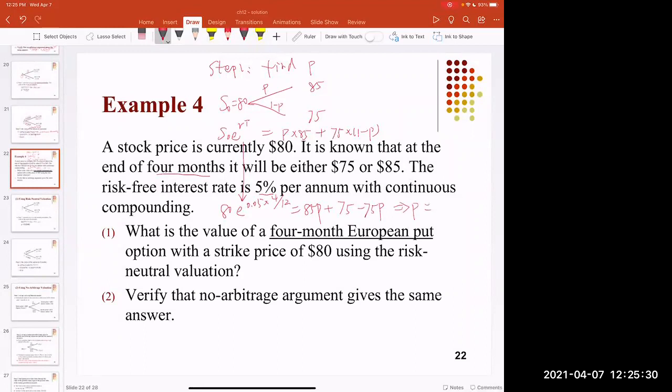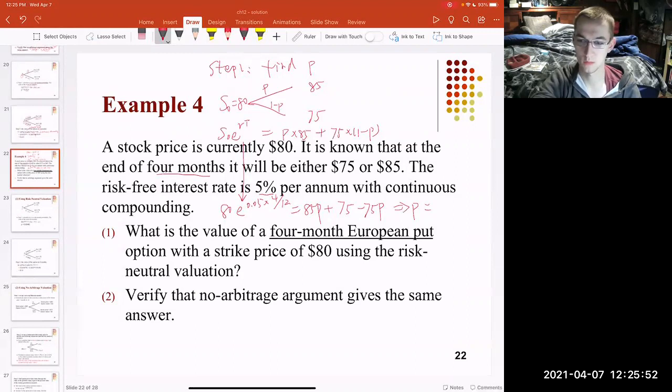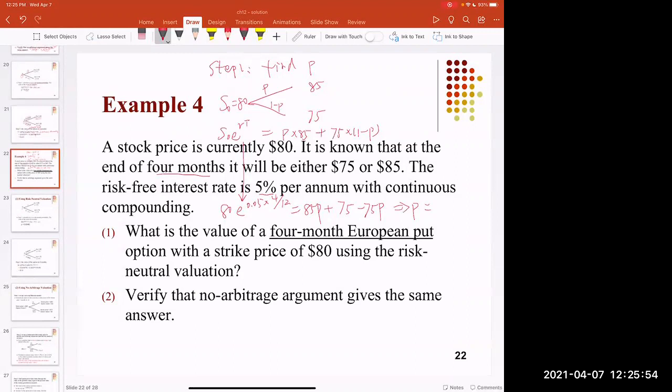Just keep 4 decimals for probability. 0.634.